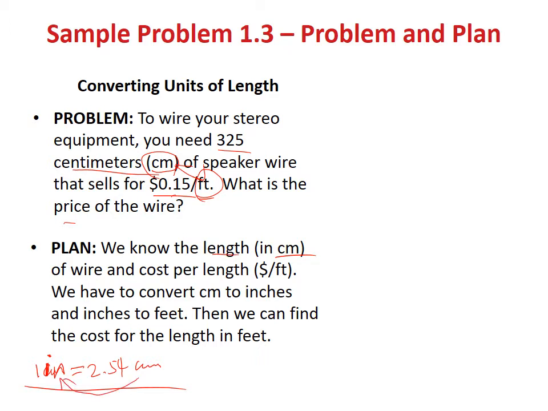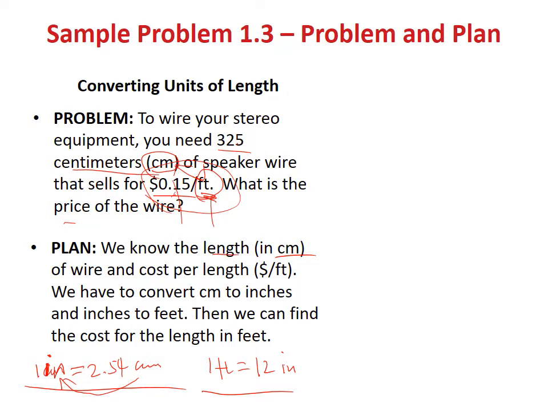Then, because we want to change to feet, we have another conversion factor, 1 foot equals 12 inches, which is within English units. Using this, we change inch to foot. Now the length is in foot, and we use the price as a conversion factor to change from foot to dollar.